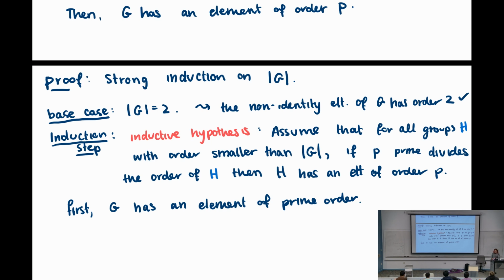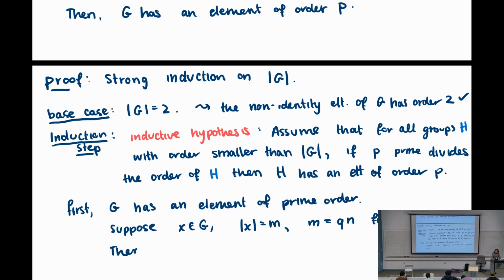So to see this, let's suppose x is in G and the order of x is equal to m, where m is equal to q times n for some prime q. We can always write this: if I take any element x in G, it has some order. As long as x is not the identity, there will be a prime number that divides its order.